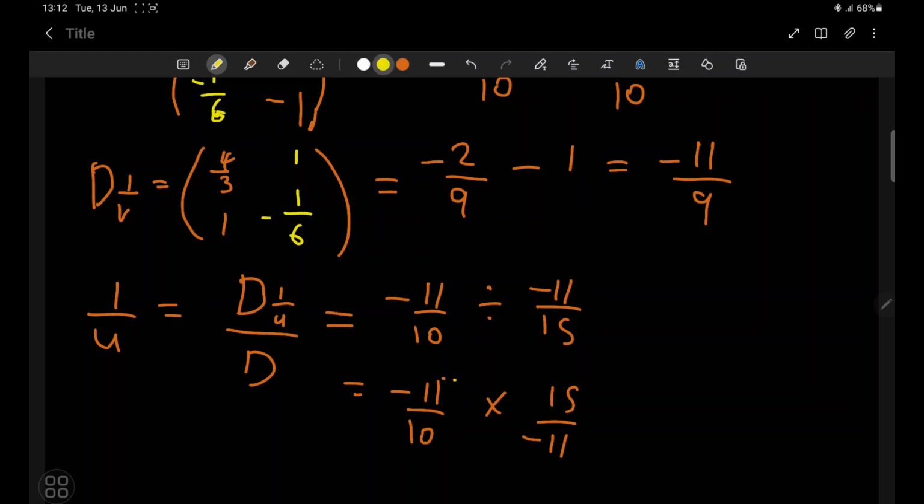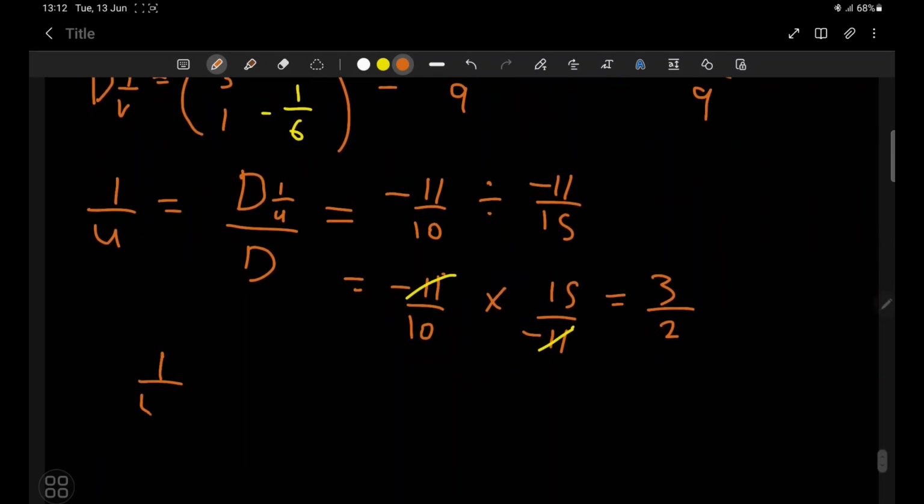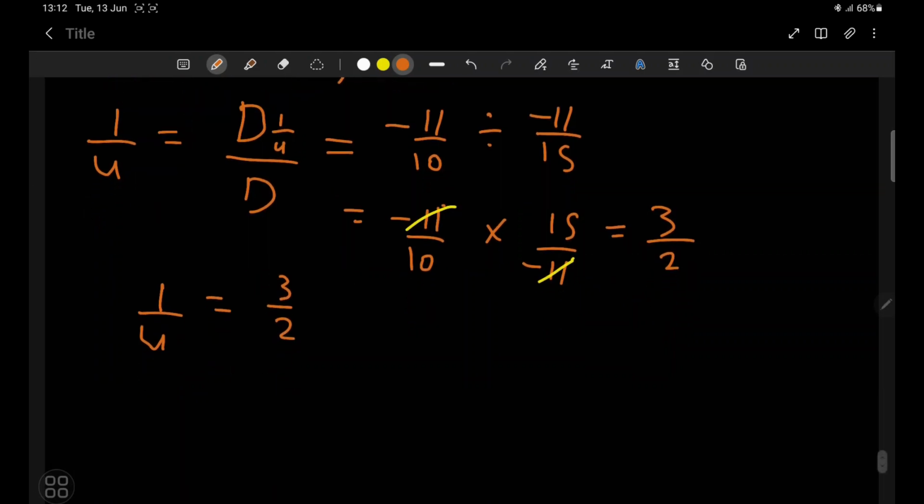So these divide, then 5 into 10, that's 2, and 5 into 15, that's 3. So this is our first value of 1 over u. So we're having 1 over u is equal to 3 over 2. So if we were to reciprocate this, we just have u is equal to 2 over 3. Okay, and this is our first value for u.